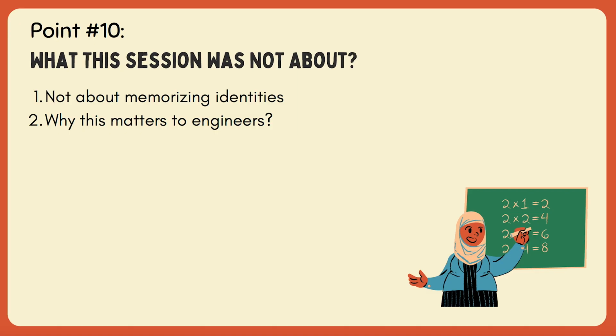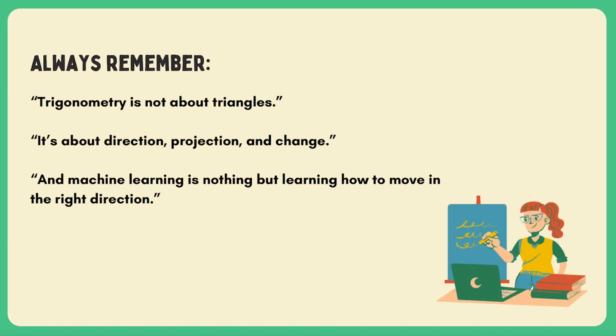This session was about understanding how the fundamental concepts of trigonometry actually help us in machine learning. Trigonometry is not about just triangles. It's not about the value of sine, cos, or tan. Trigonometry is about direction. It's about projection, the change that happens when we move from A to B. And machine learning is nothing but learning how to move in the right direction.